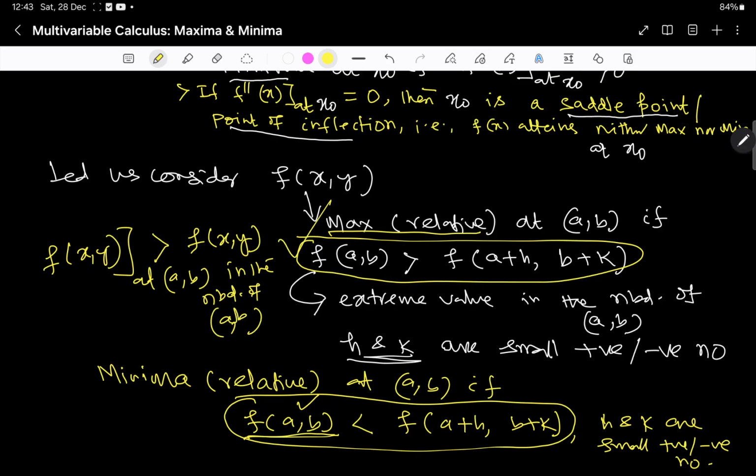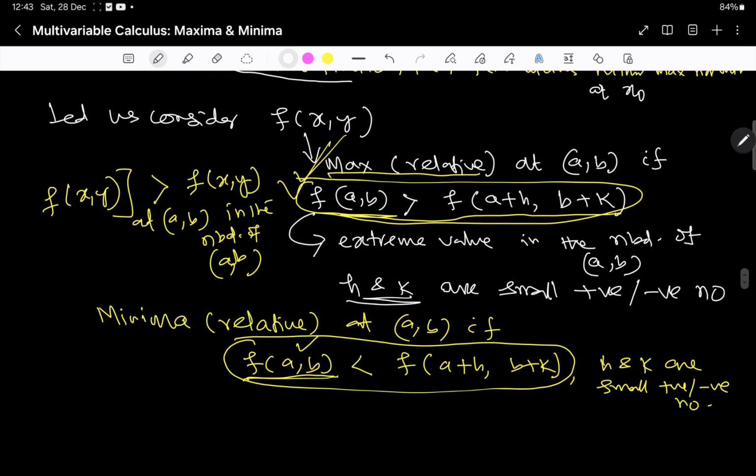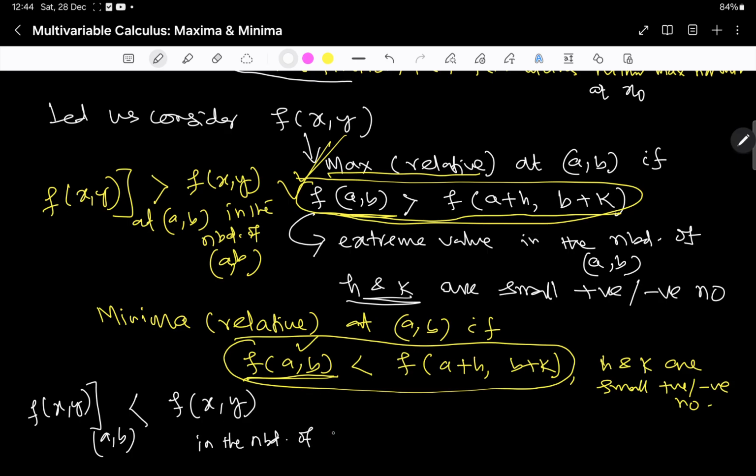So just to recall, f of (a,b) is greater than f of (a plus h, b plus k), and f of (a,b) is less than f of (a plus h, b plus k) for minima. Even greater than or equal and less than or equal is also allowed. And here f(x,y) at the point (a,b) is the smallest value, less than f(x,y) in the neighborhood of (a,b).